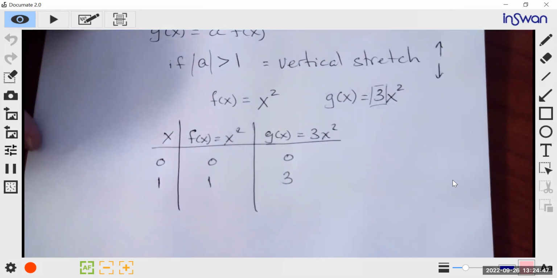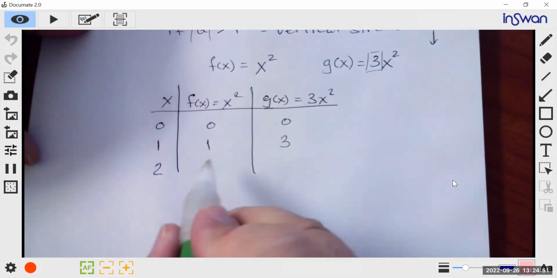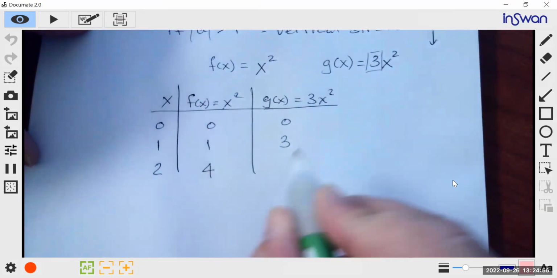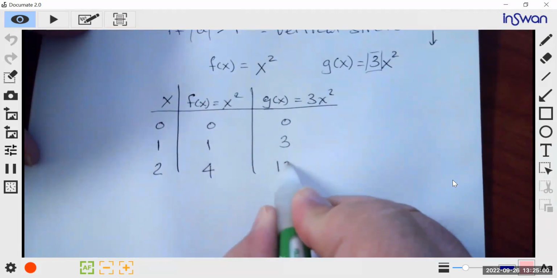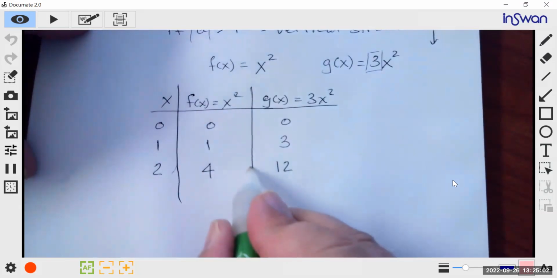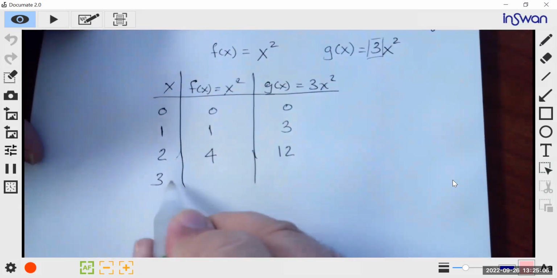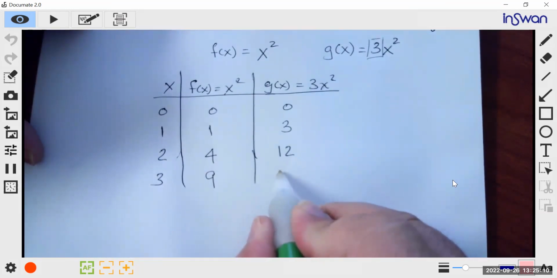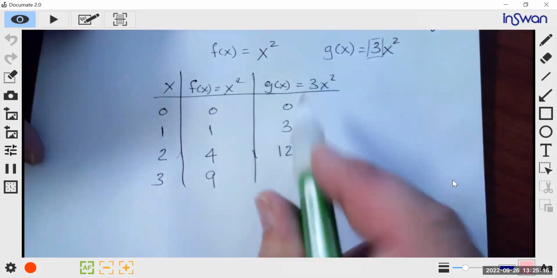When x is 2, what does f of x become? 4. What does g of x become? 12. Let's do one more. 3. f of x is 9, g of x is 27. 3 squared is 9, 9 times 3 is 27.